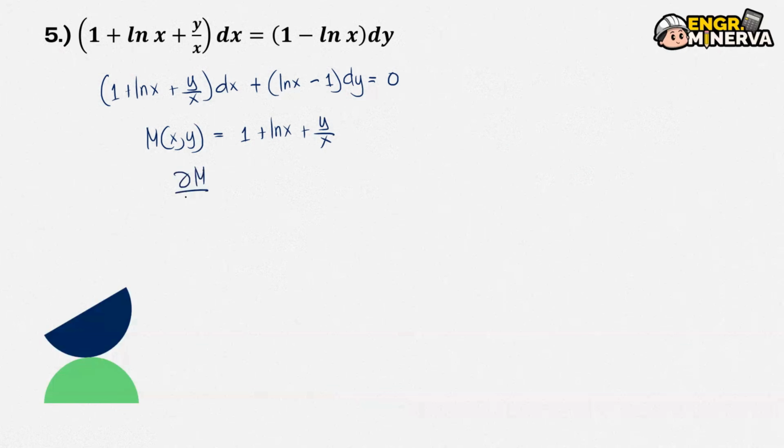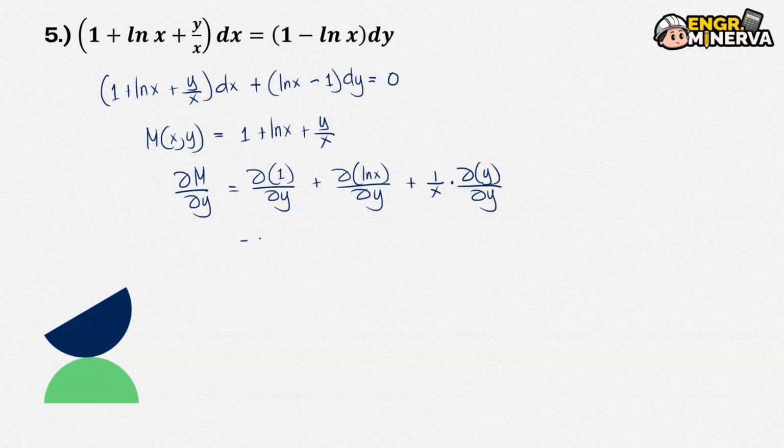The derivative of M with respect to y would be the derivative of 1 with respect to y, which is 0, plus, since ln of x is constant, its derivative is 0, plus, since our variable x is constant, 1 over x multiplied by the derivative of y with respect to y. That would be 0 plus 0 plus 1 over x.